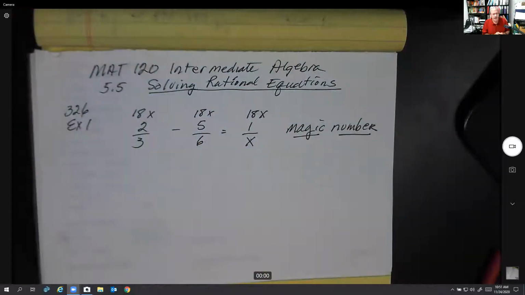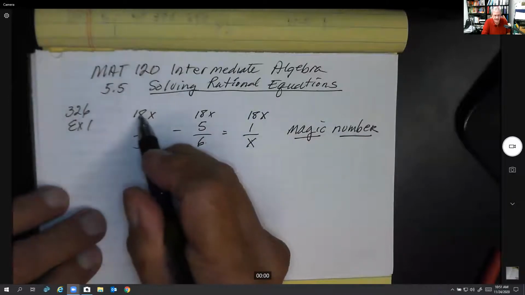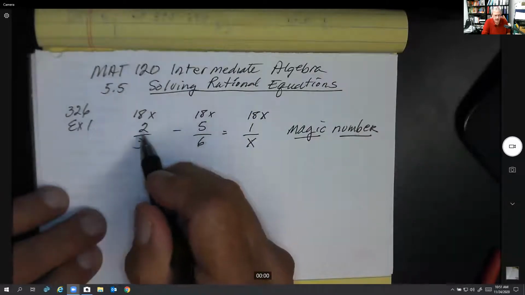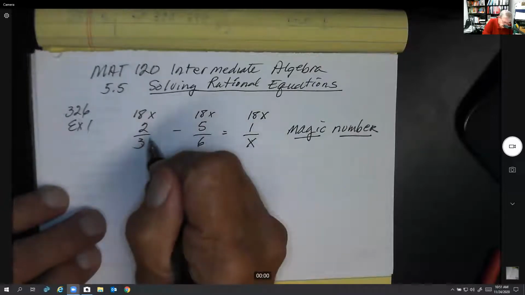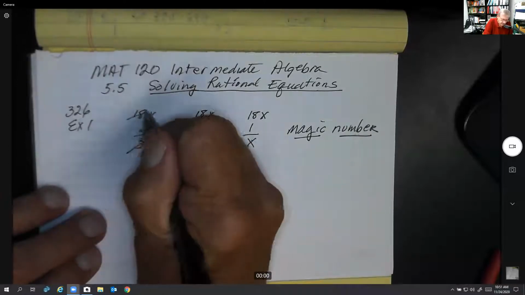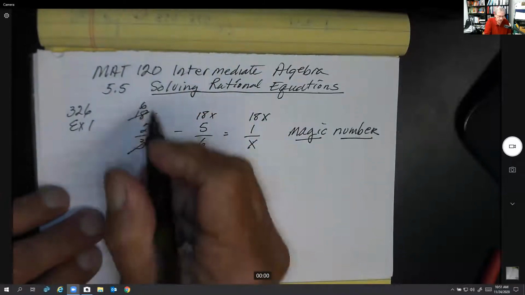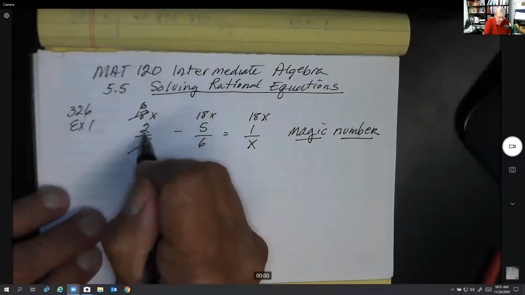What we're going to try to do is divide the 3 into the 18 and then reduce this problem, to cancel off this 3. So I'm going to cancel off this 3 by dividing the 3 into the 18, which would give me 6. So now I have 6x times 2, which is 12x.